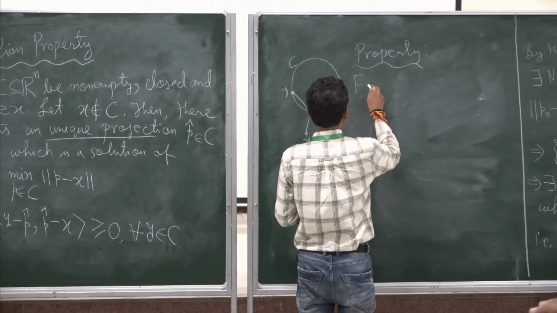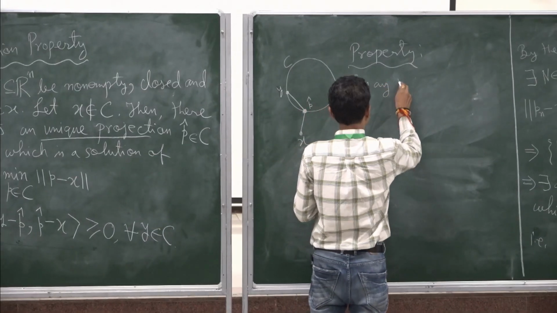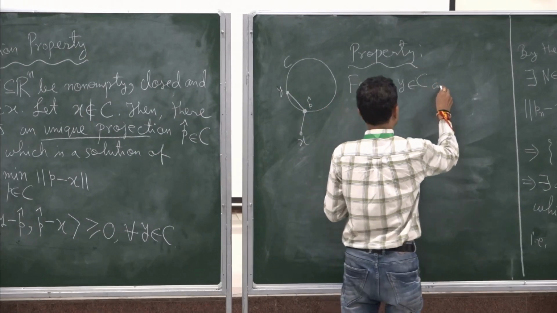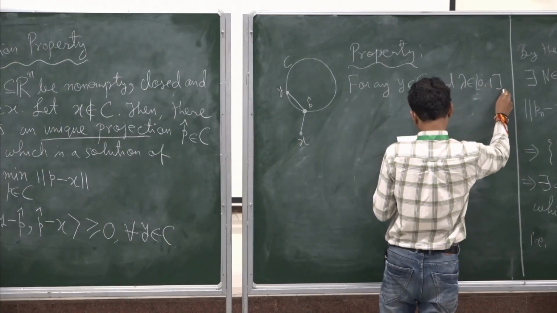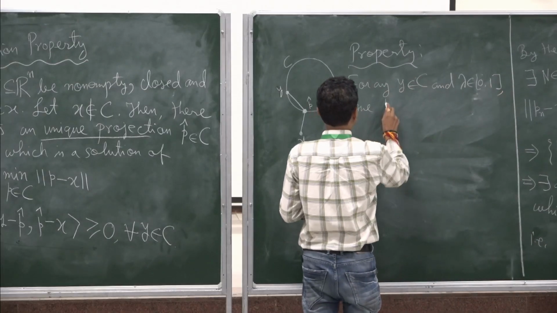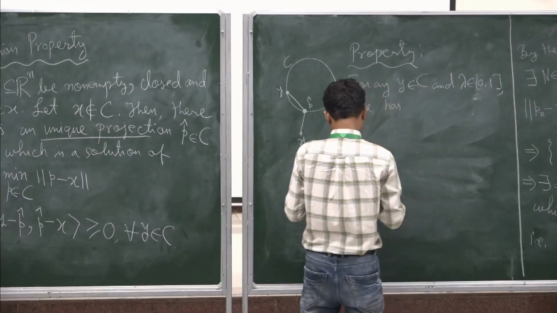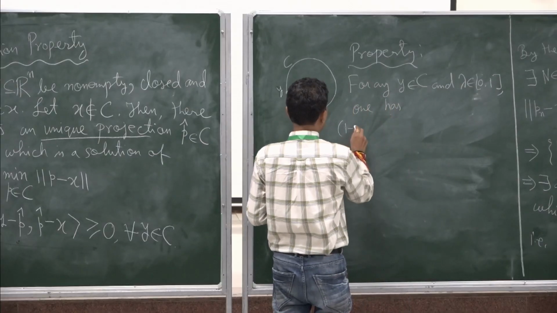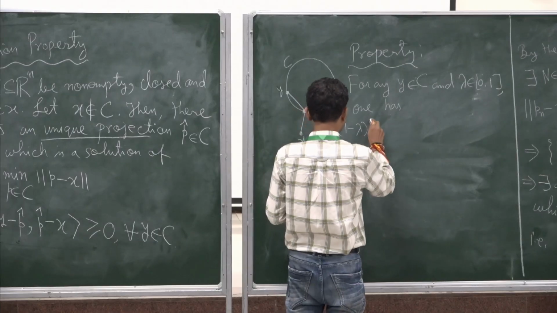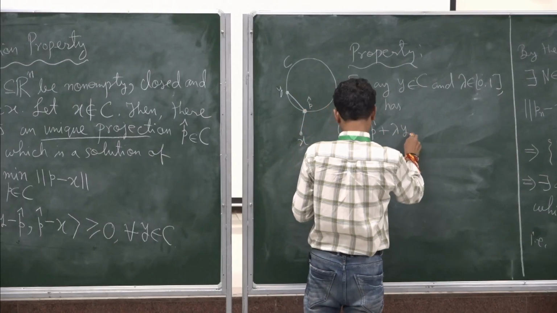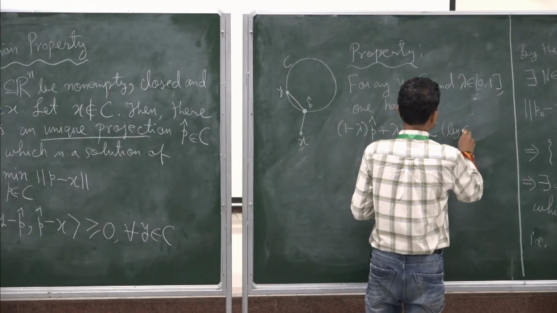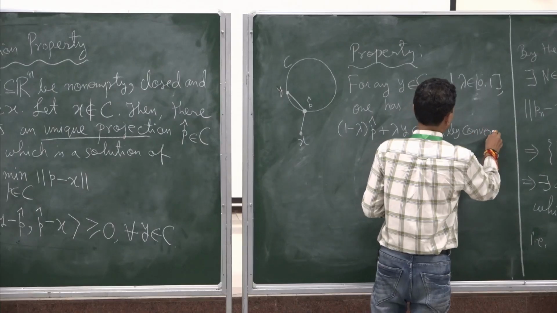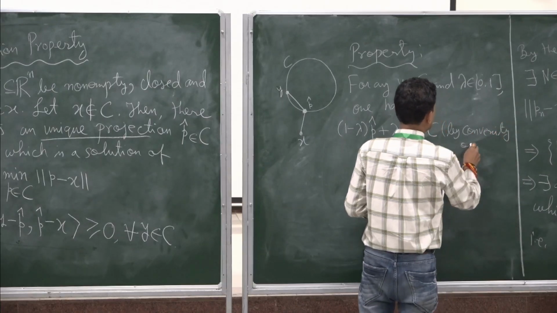So for any y in C and lambda in [0, 1], one has (1 minus lambda) P hat plus lambda y belongs to C by convexity of C, right?